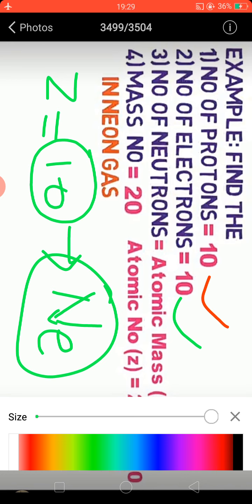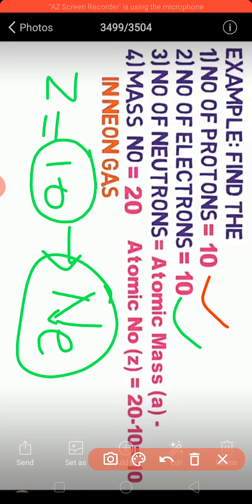Its symbol is Ne. If you have to calculate the number of neutrons present in neon, how can you calculate that? You know that the mass number of neon is 20, as we have seen on the previous page.